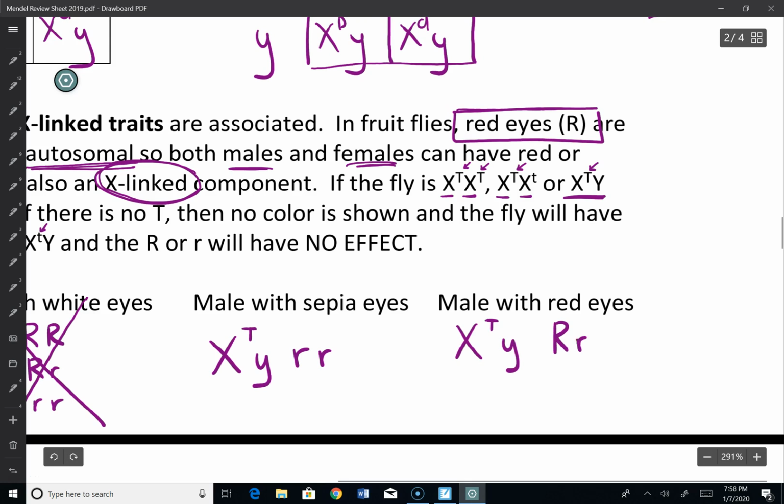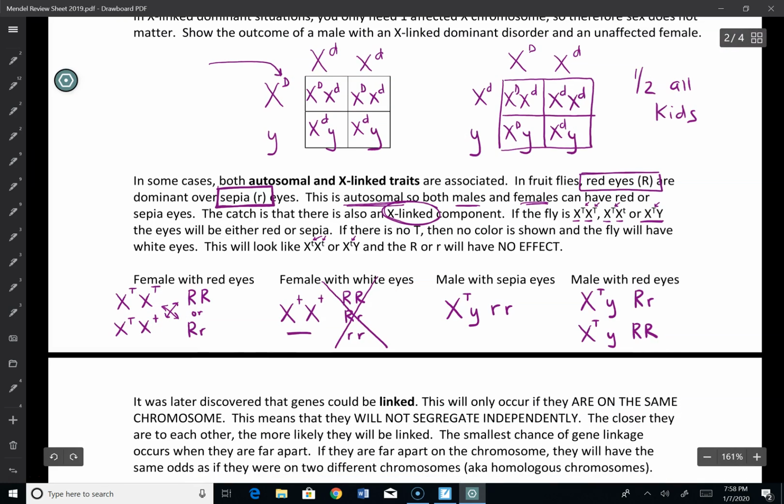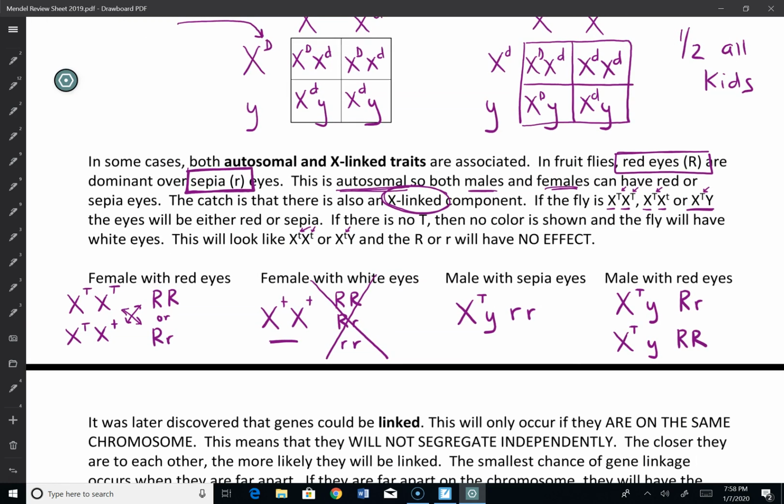This is red eyes, and so is this. So in order to show the color, you need at least one capital T. If you do not have a capital T, like in our second example, then the color, the red or the sepia, does not show. So that's how one gene can affect another. That is how dogs, like labs, come in different colors.